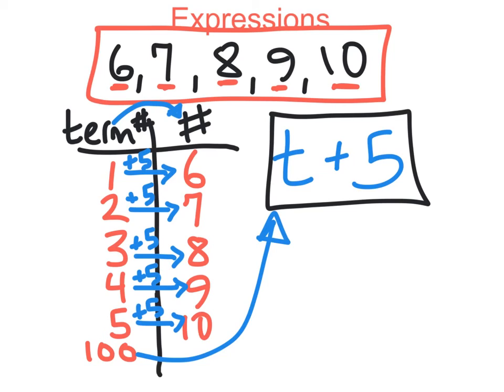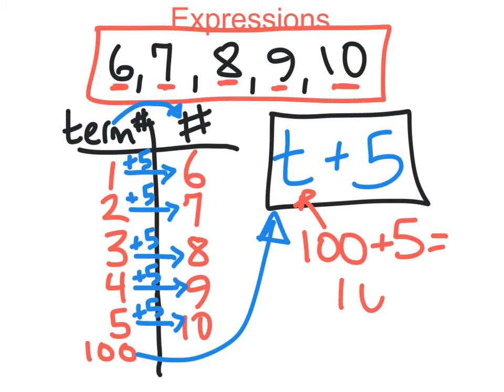So we would have term 100 plus 5 equals 105. So term 100 will equal 105. And that is using expressions and tables. So this is an expression right here, a variable and an action. And there you have it. Expressions. Yay!